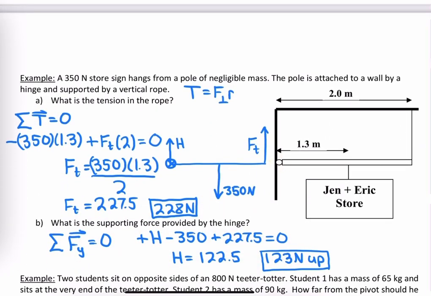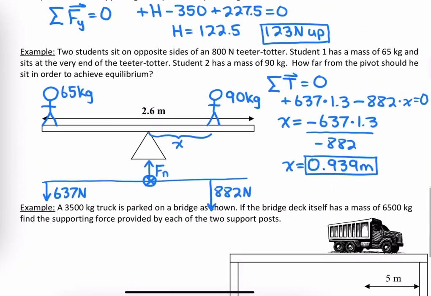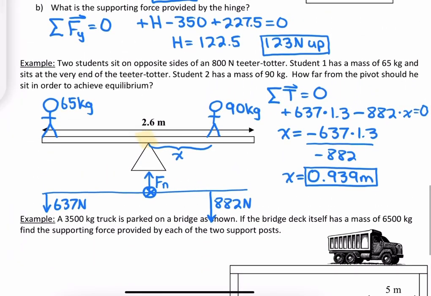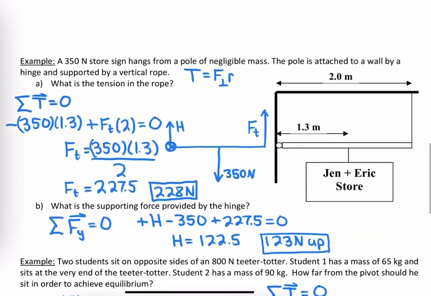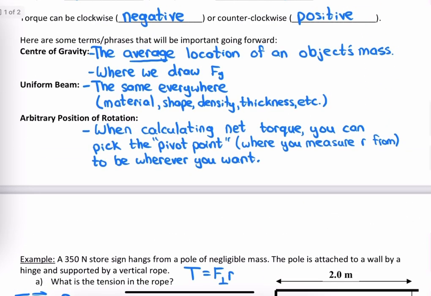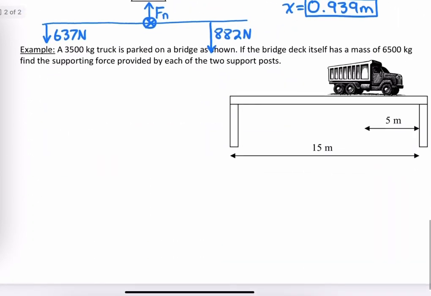That's going to be where the rotation happens. Here we had another teeter-totter. Rotation is going to be in the middle. In this question, we no longer have an obvious rotation point with this truck on the bridge. That's okay because rotation points are arbitrary and we can pick the pivot point to be wherever we want. That's nice. It just kind of feels weird the first time you do it.